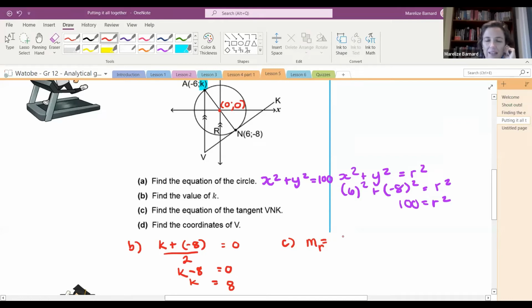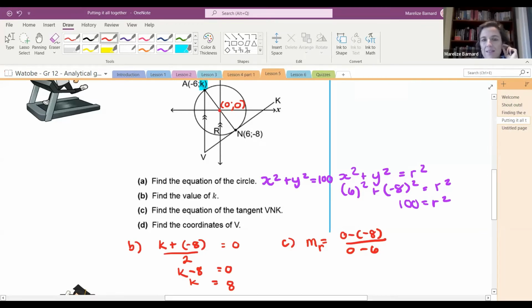So the gradient of the radius is 0 minus 8 over 0 minus 6. If you didn't understand how you calculate it for k, we are using the midpoint. The midpoint is known, it is 0, 0.